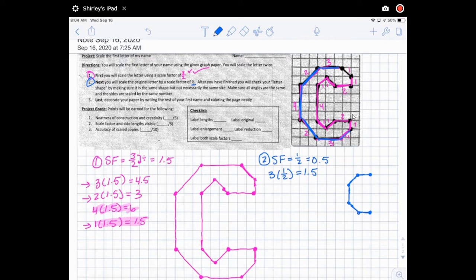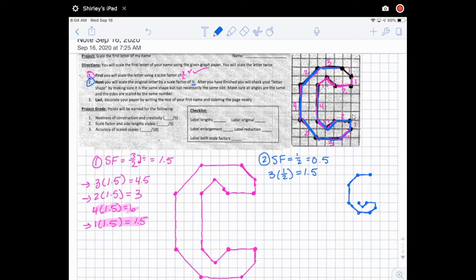1/2 of 1 is 1/2. 1/2 of 1 again is 1/2. 1/2 of 2 is 1, so I'm going to go 1/2 and 1/2. 1/2 of 1 here, 1/2, and then 1/2 up.